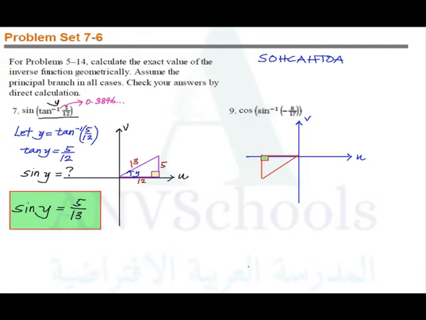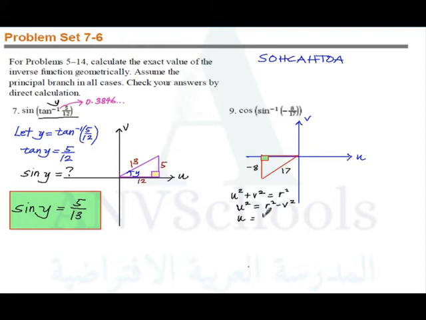This, of course, is 17. This is negative 8. To find this, we consider u squared plus v squared is equal to r squared. So u squared is equal to r squared minus v squared.